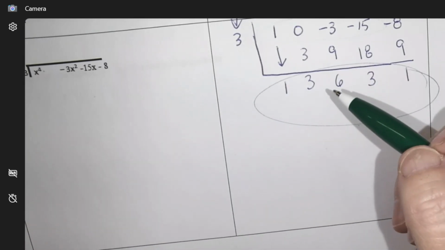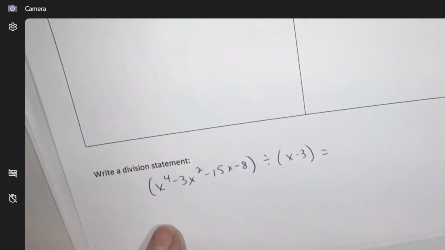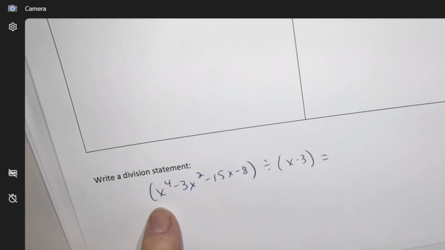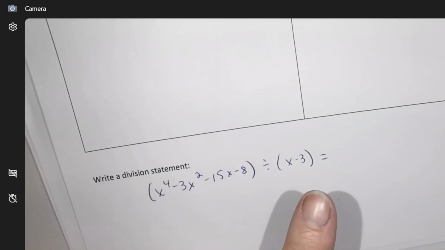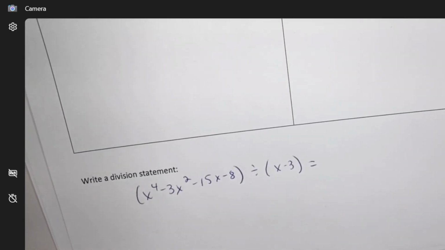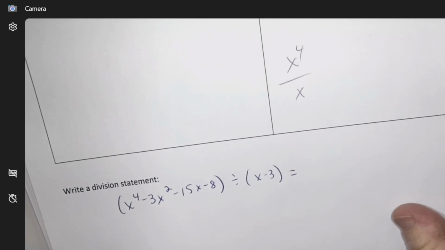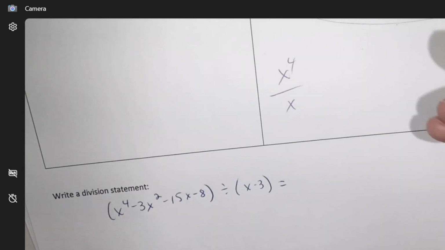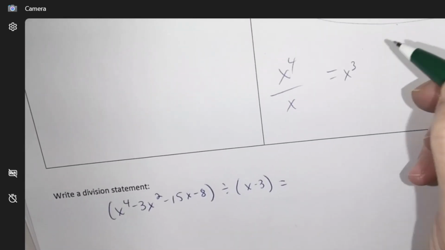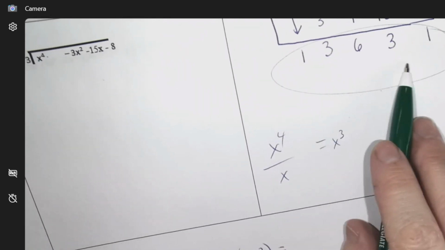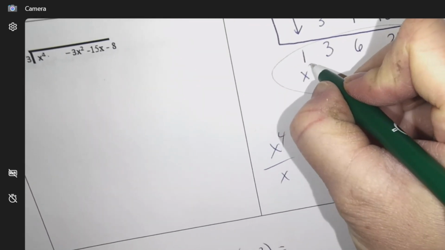Okay, here's a question for you. If you have any x fourth and you divide it by a single x, what does the result become? Any x fourth divided by an x would be an x cubed. Okay, so this is going to be a cubic. So this is x cubed.